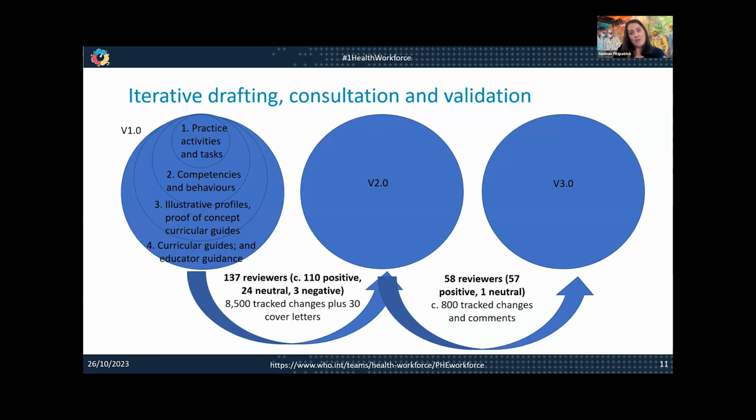And then once there was a full first draft, that was when we opened the consultation to that wider expert group. So there were 3 drafts that were subject to global consultation. And as you can see along the bottom, in terms of the volume of impact, we invited free text feedback to really capture the richness of feedback and insights, which we were able to integrate in successive drafts.